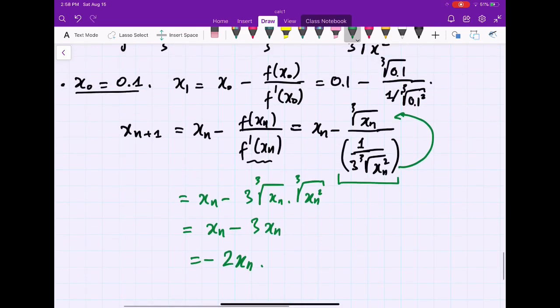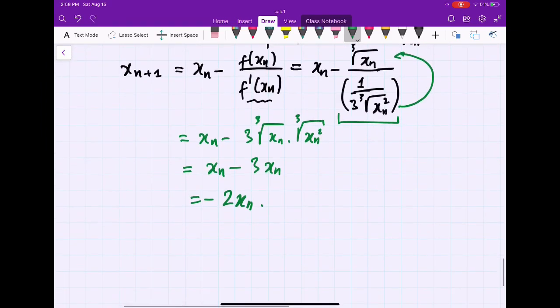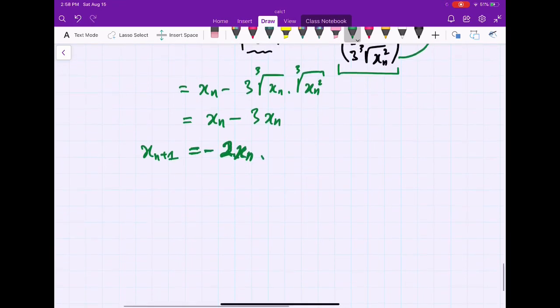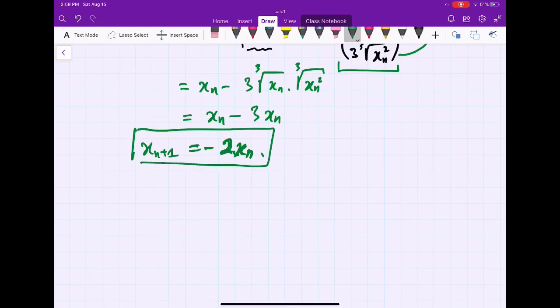Even if you don't need to find x1, x2, x3, in general, you have x(n+1) equal to negative 2xn. Okay, so what happened? You use a recursive relation to find the next one. So you have negative 2 times xn, which is negative 2 of what?